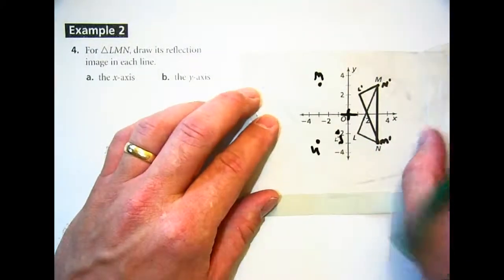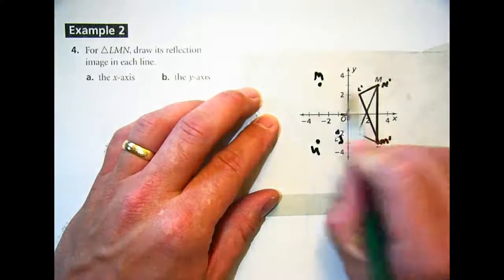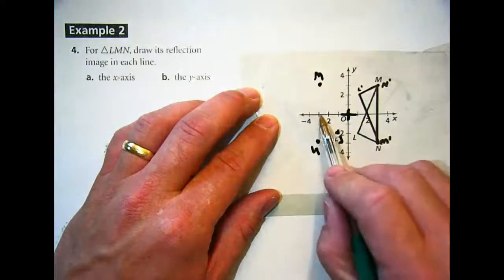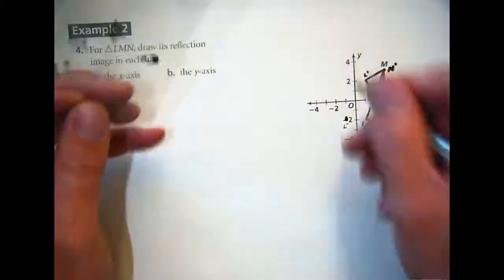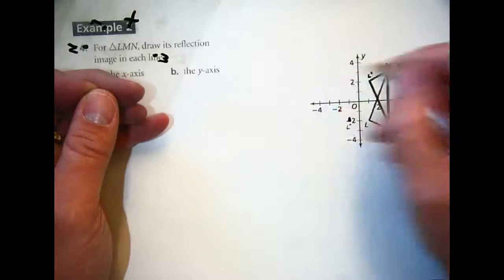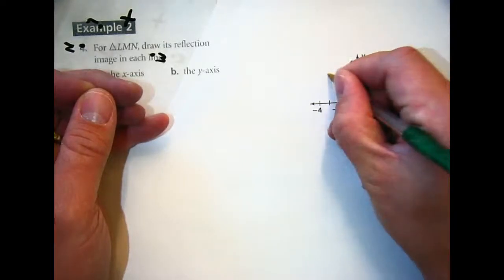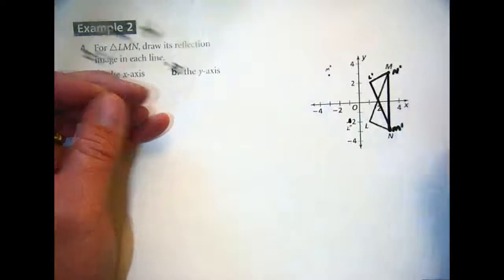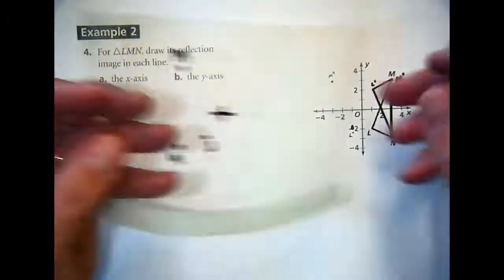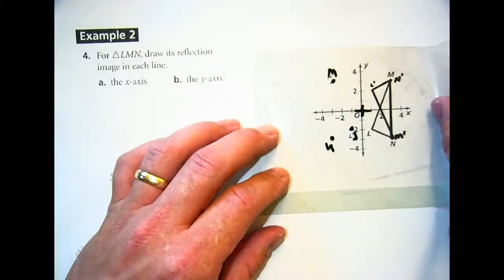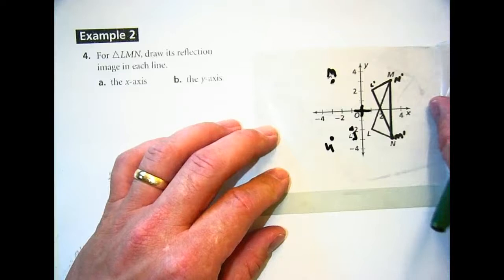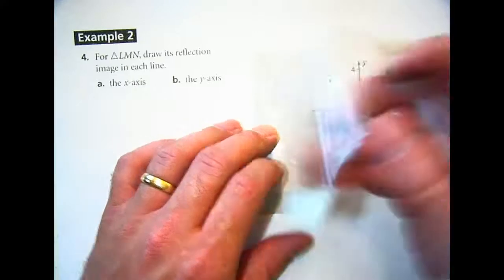And it looks like M prime prime would be at -3, 3. And looks like N prime prime would be at -3, -3.